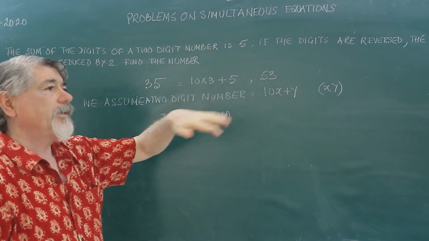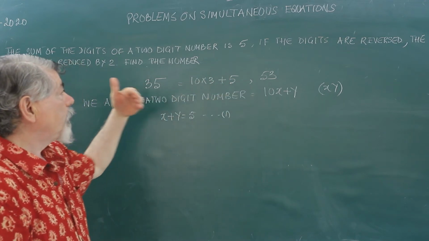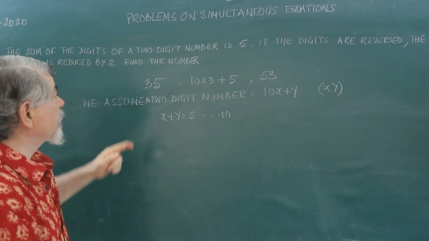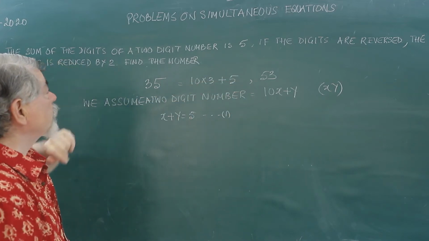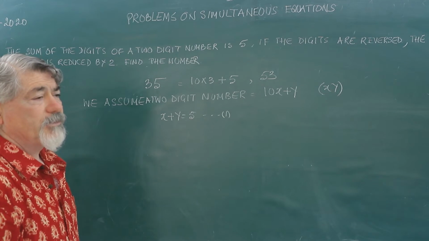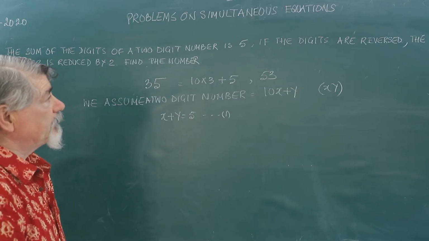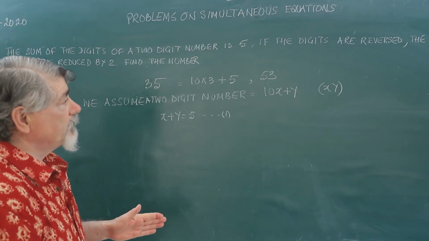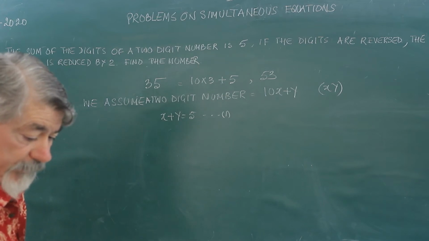For assumption, if the number was 53, on reversing the digits it becomes less, because it says if the digits are reversed, the number is reduced by 2. What does it mean?